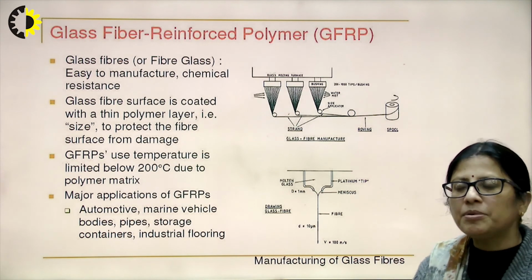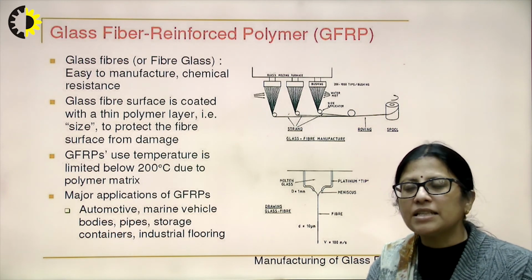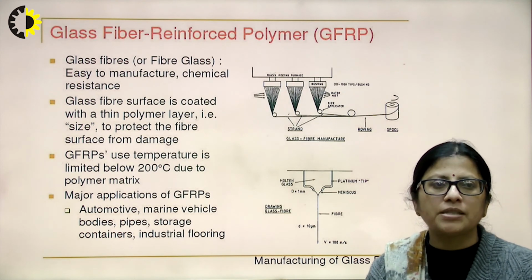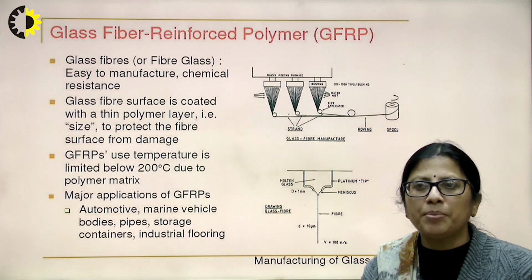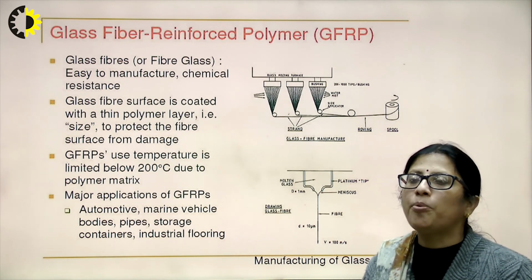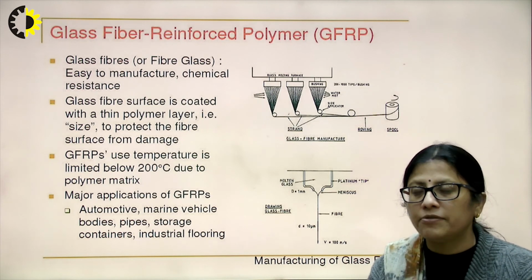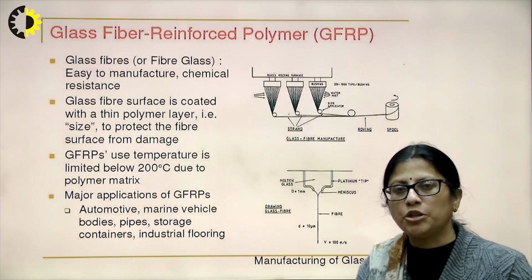These glass fiber reinforced polymer composites are used at a temperature below 200 degrees centigrade due to the polymer matrix, because we know that polymers are less resistant towards temperature.